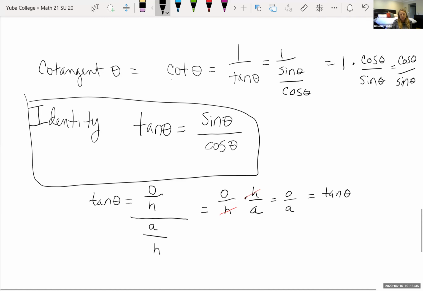So all of our trig functions can be correlated with sine and cosine. You're going to be getting good at this, and we haven't really talked about finding certain angles yet and knowing what the ratio of the sides would be.